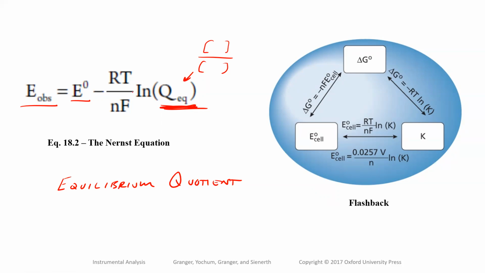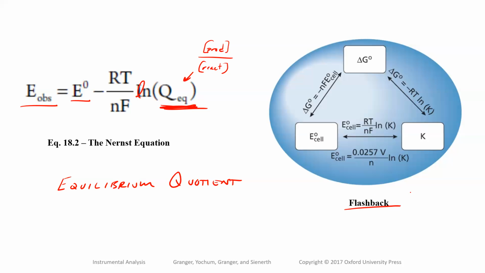We know this is the natural log. Just know that it should be LN, natural log. I noticed that I didn't fill this in, right? But when we do Q, it's always products over reactants. Hopefully you remember that, but I don't know why I didn't put it in on Monday.